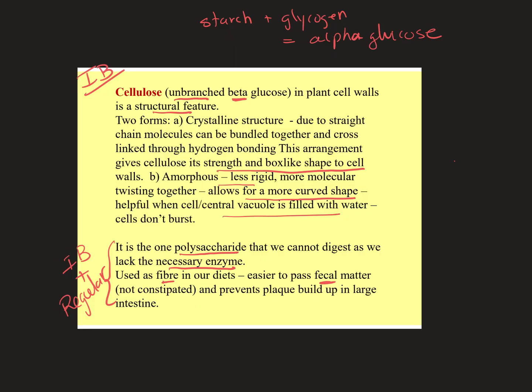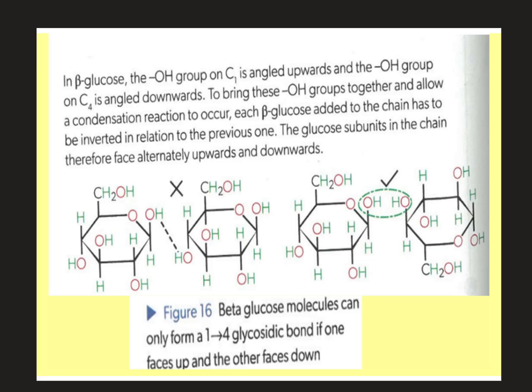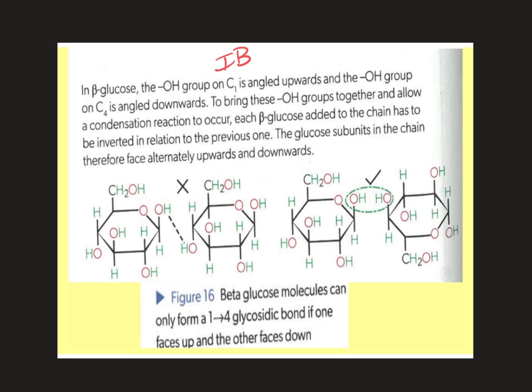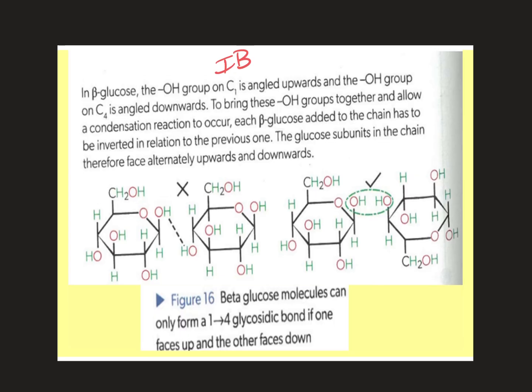Okay, now let's just take a look here. This slide here is fully IB, all right? And so this gives you a little bit of idea of the beta bonds here. So beta glucose can only form a 1,4-glycosidic bond if one molecule faces up, so to speak, and the other one faces down.